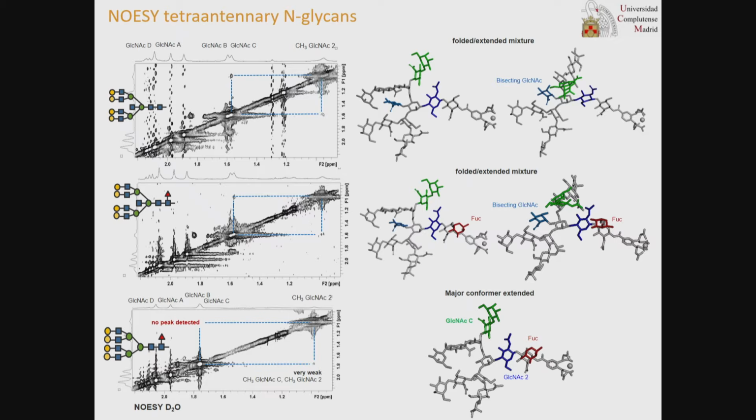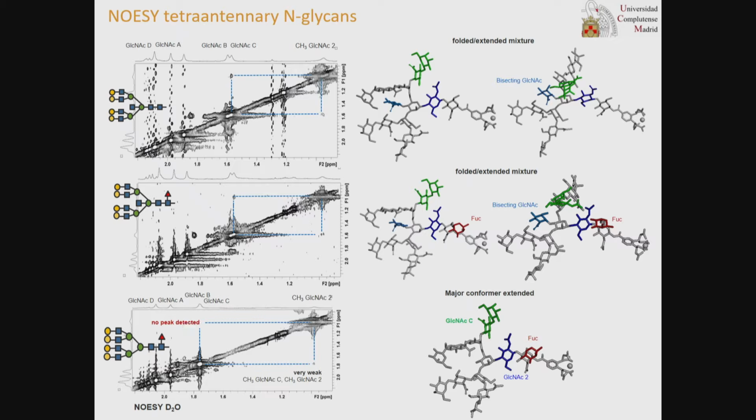And this is amazing. Just one additional GlcNAc in a structure matters, since in the compound without the bisecting unit, we don't have the NOE. There is nothing here, no NOE, a very, very weak peak.